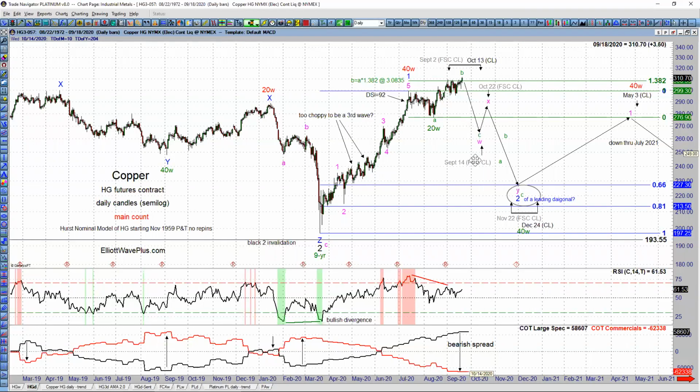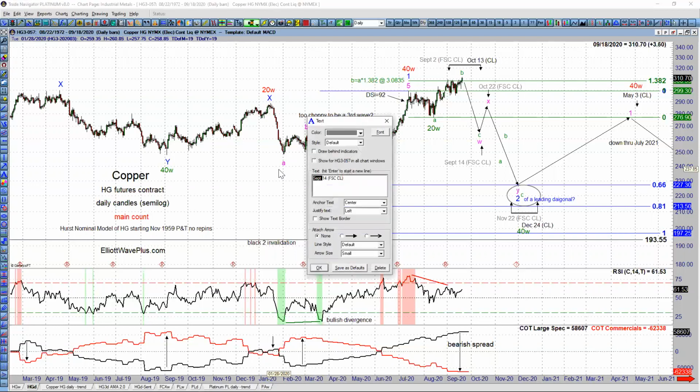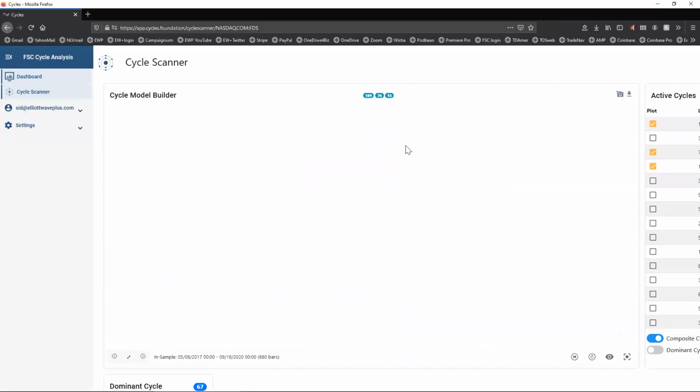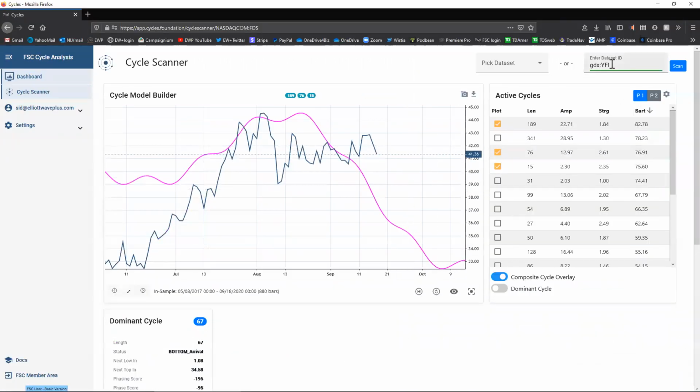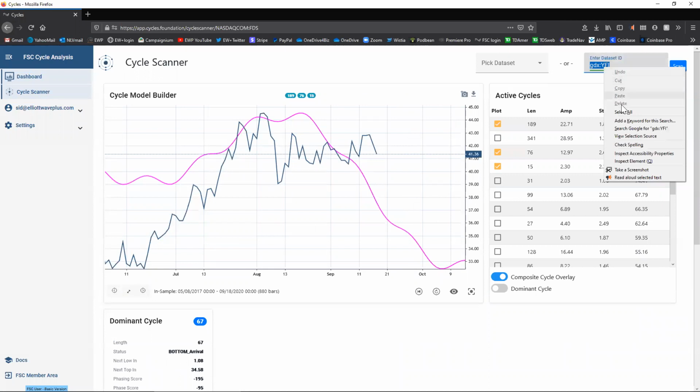That should say October 14. October 14. And just to make sure of that, I'm going to bring this over and make sure, because I know I have some subscribers that are short copper and they're feeling the pain.